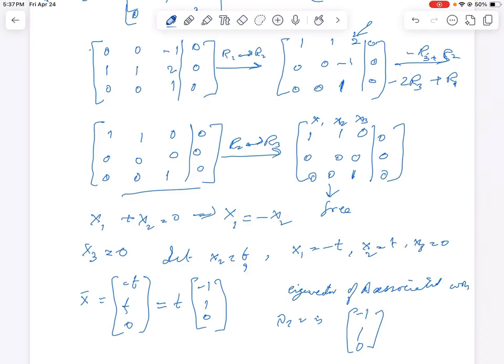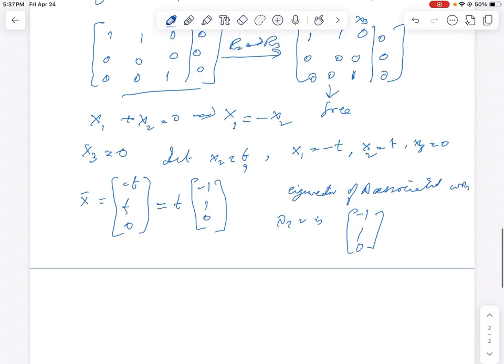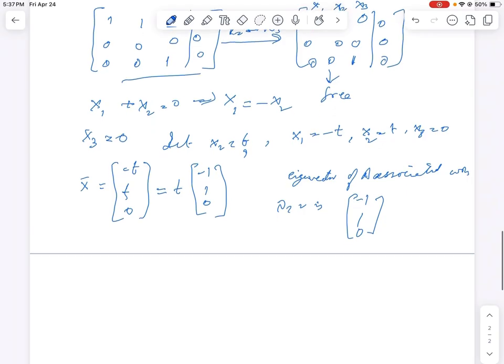Now what about lambda equal to 3? So we have to repeat the process. When lambda is equal to 3, what we will find is A minus 3I. A minus 3I, that's what we are looking for.